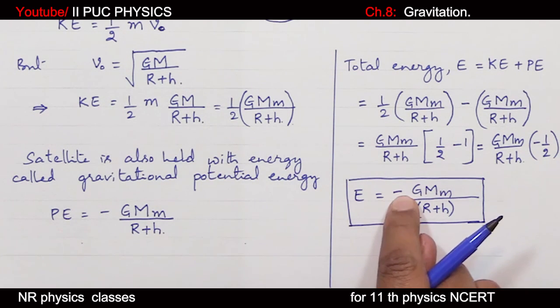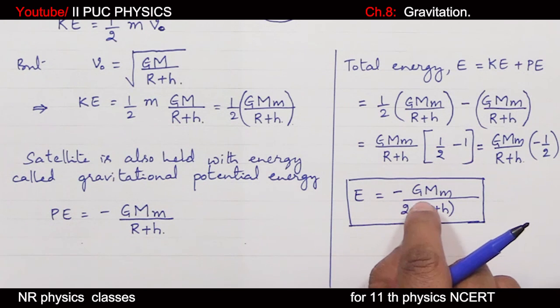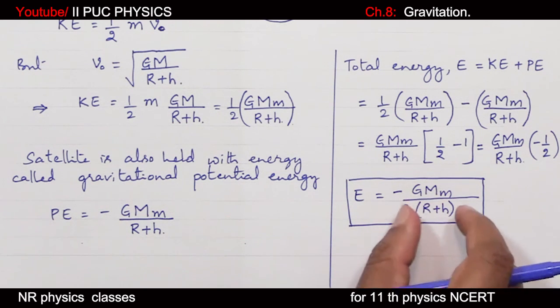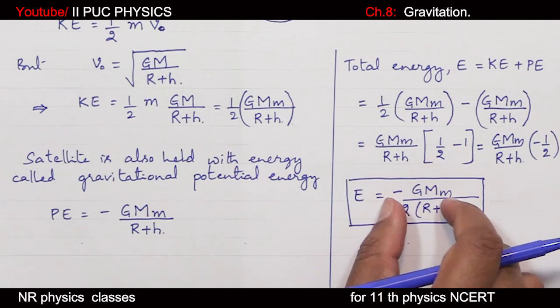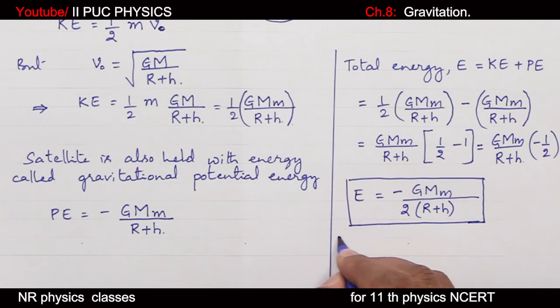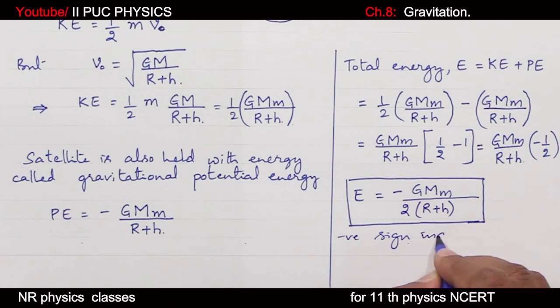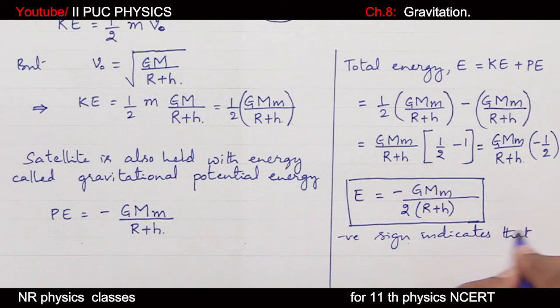Total energy is negative, implies that the satellite is held with this final energy. So negative sign indicates that this satellite is bound. Satellite is bound to Earth's gravity.